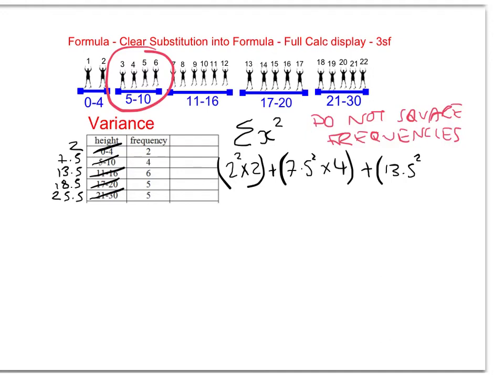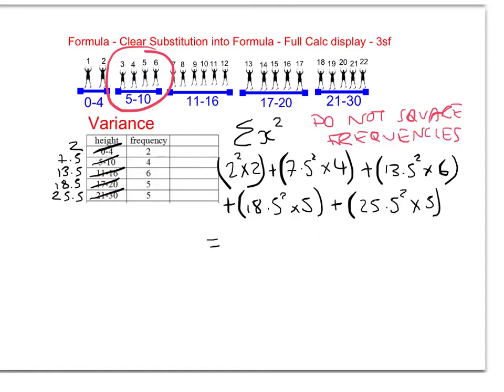13.5 squared, height squared, 6 people were that height. 18.5 squared, there were 5 people, and 25.5 squared, the x value squared, that was 5 people, and that's what we add up. And that comes to 6289.